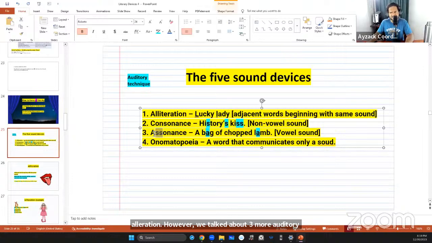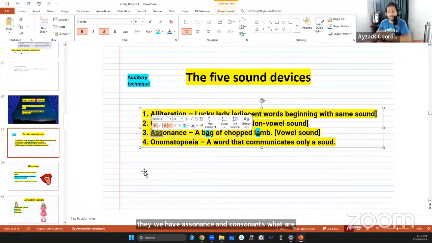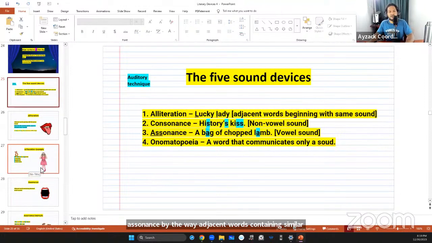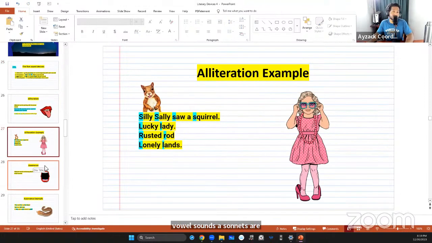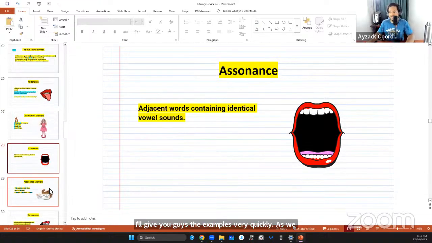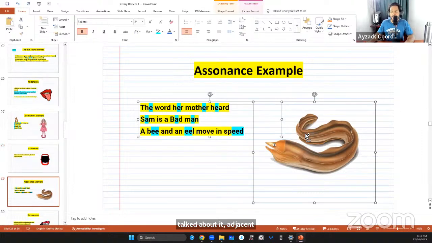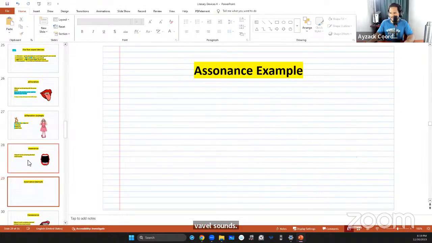What is assonance, by the way? Adjacent words containing similar vowel sounds. Consonance is adjacent words containing similar consonant or non-vowel sounds. I'll give you guys the examples very quickly. Assonance, we talked about it: adjacent words containing identical vowel sounds. "Her mother heard." That's amazing.